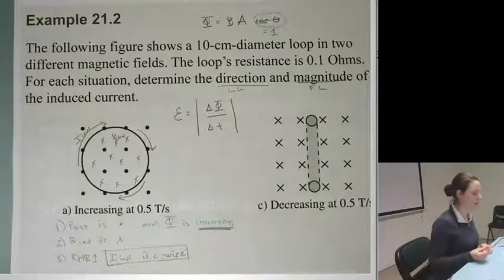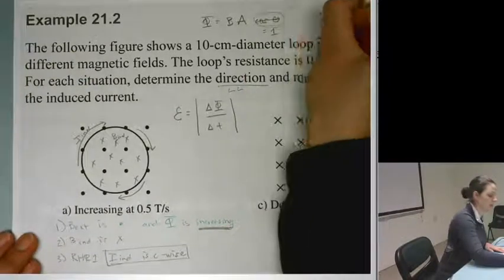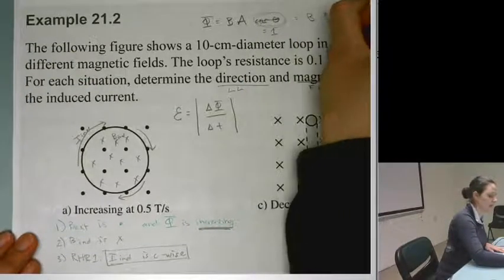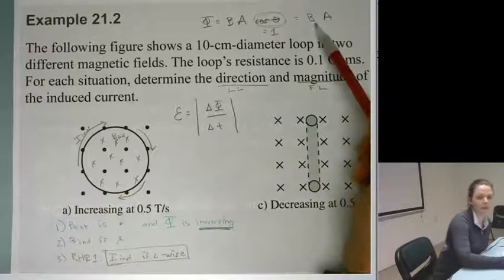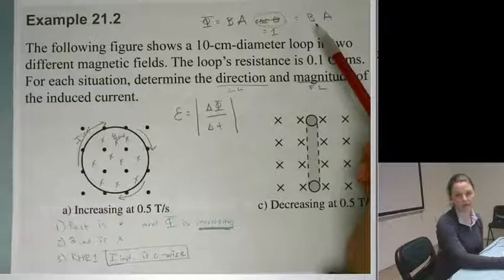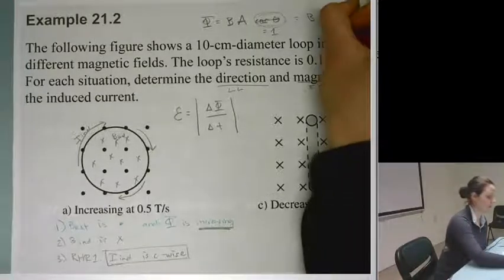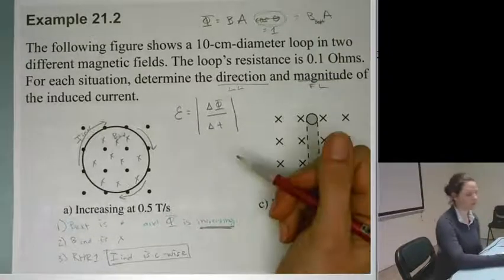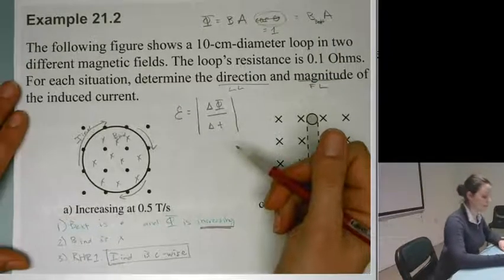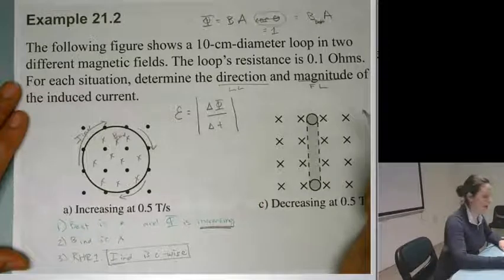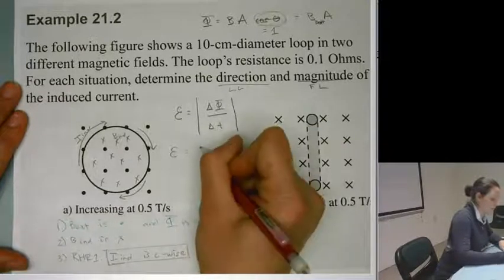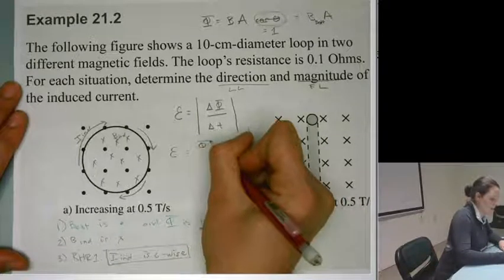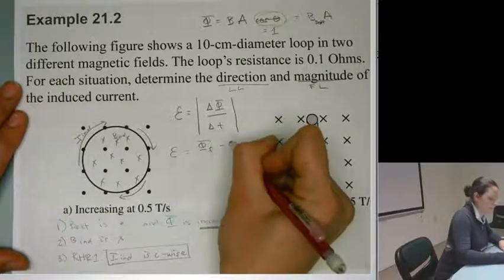All right, so the flux is B times A. The B here is the external magnetic field, so this is B external times the area of the loop. The area is pretty easy, right? Let me rewrite this a little easier way to see it. This will be the final minus the initial.